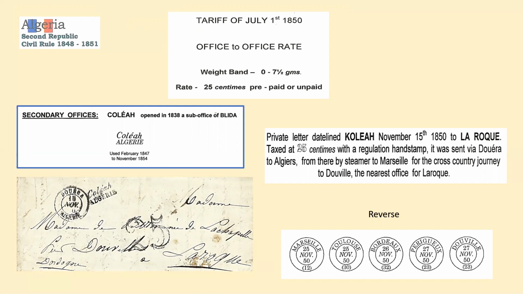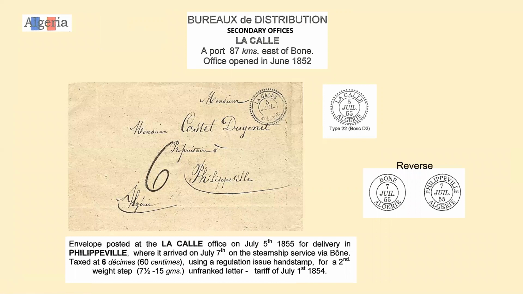The standard type. La Calais, Bureau de Distribution, with the dotted outer circle on the hand stamp, type 22, as it's known.